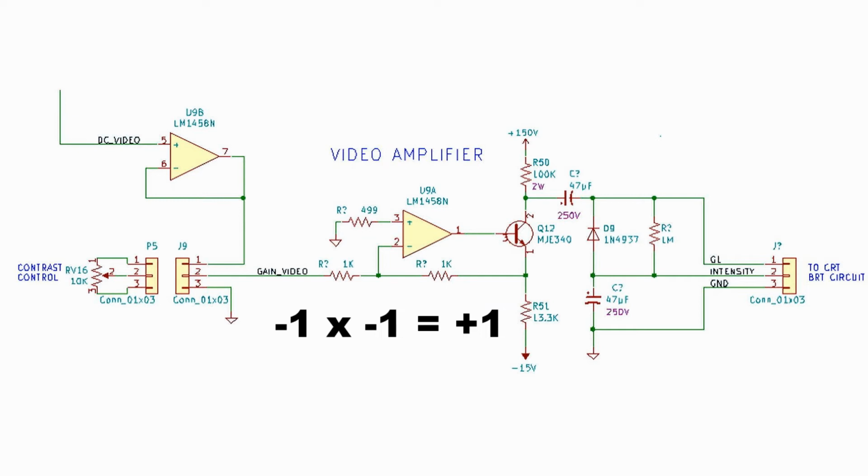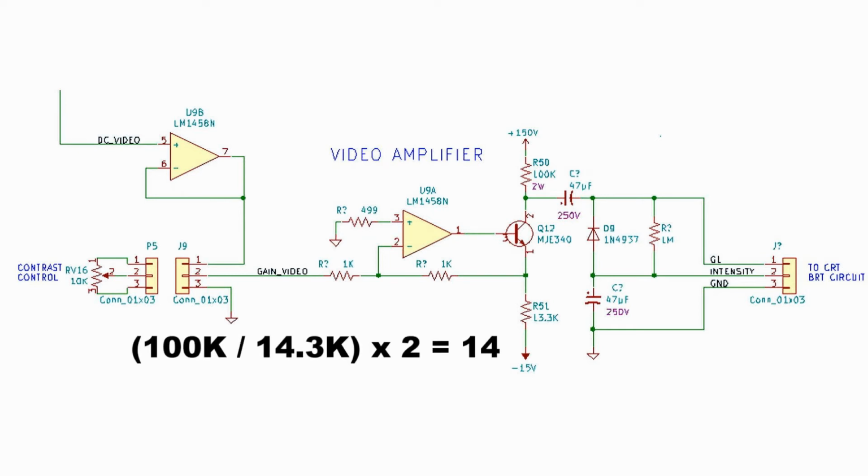So our op-amp is operating as an inverting circuit, and Q12 is operating as a second inversion circuit, so the net result is that the signal is not inverted, or it's inverted twice. It comes out positive, but amplified by about 14 or 15 times. So our 1 volt signal is coming out with an amplitude between 14 to probably 20 volts or so. It is adjustable. I have not measured what the exact voltage is.